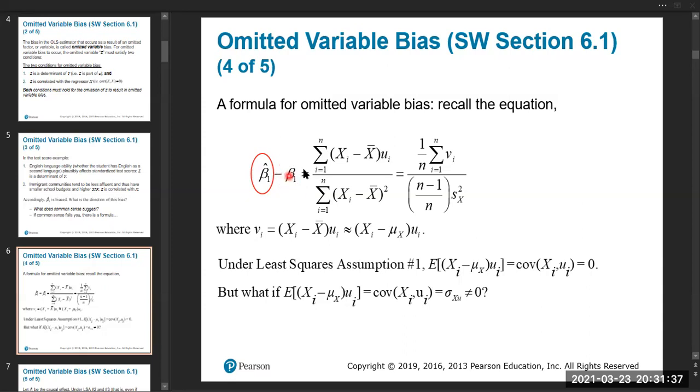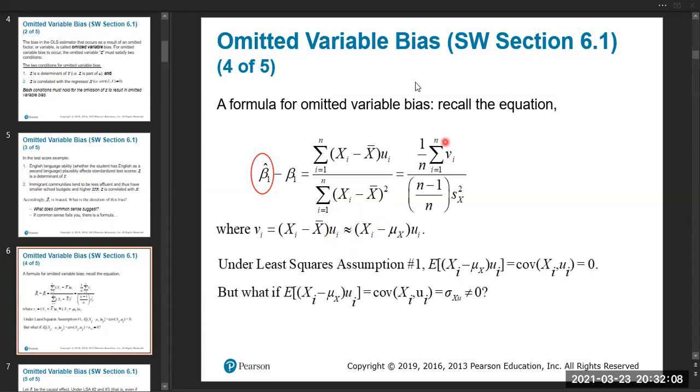This one we don't know, but we can write it down in our equations. On top is this thing, and in the denominator is the sample variance of X, where v_i equals (x_i minus x bar) times u_i. This part you don't really need to remember.